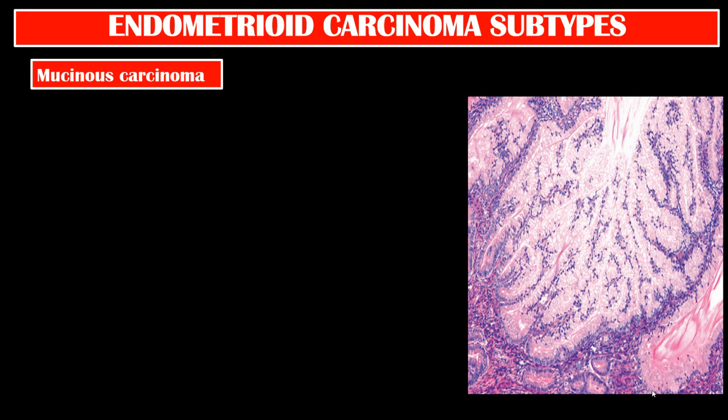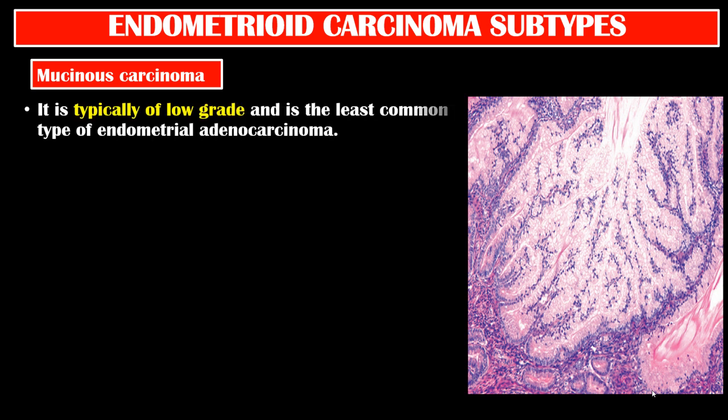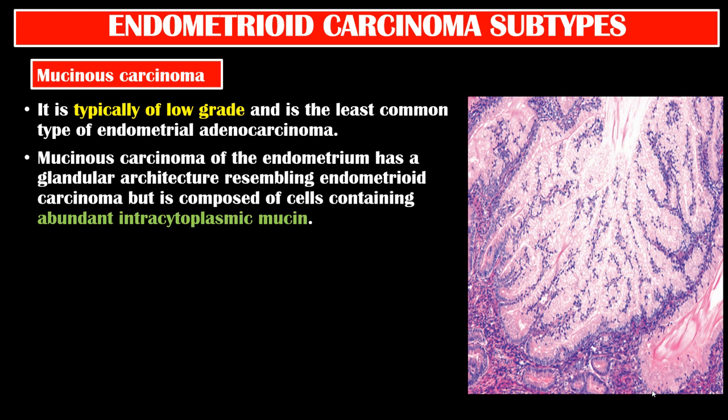Mucinous carcinoma. It is typically of low grade and is the least common type of endometrial adenocarcinoma. Mucinous carcinoma of the endometrium has a glandular architecture resembling endometrioid carcinoma but is composed of cells containing abundant intracytoplasmic mucin.